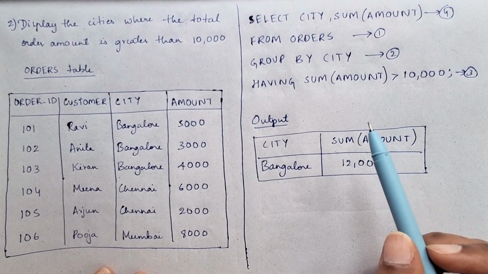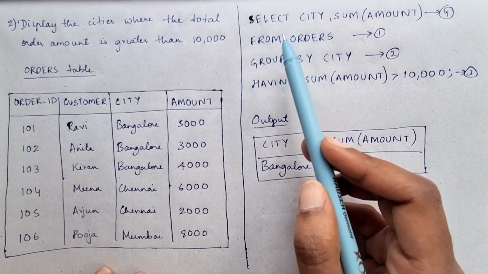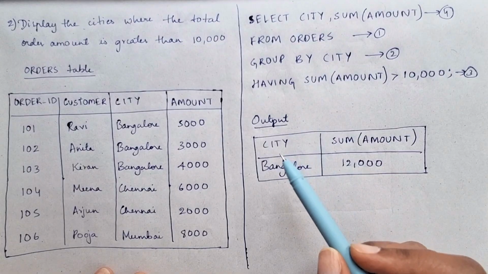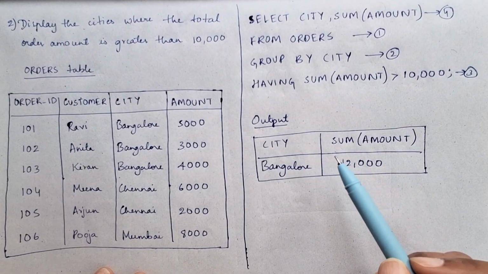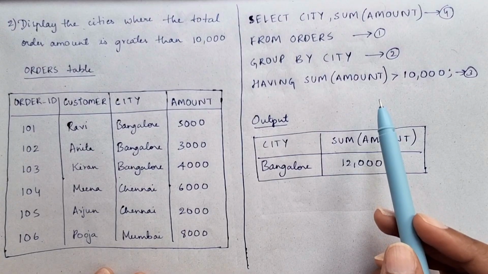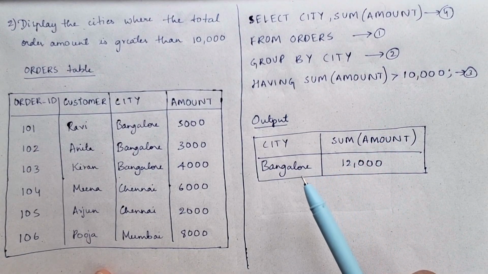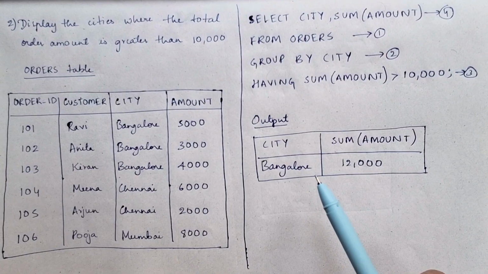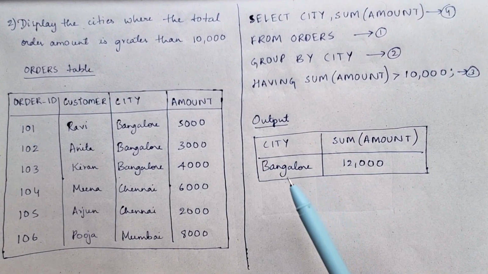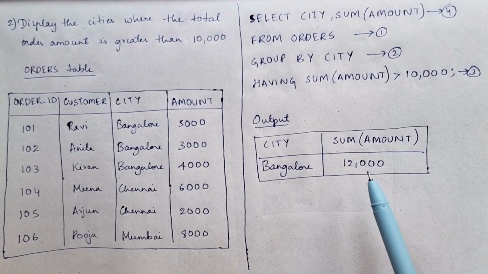If not, that city is removed from the result. Finally, the SELECT clause displays only the city and the total order amount that satisfy the HAVING condition. So guys, this query returns only those cities whose total order amount is greater than 10,000. That is Bangalore, where the total order amount is 12,000.